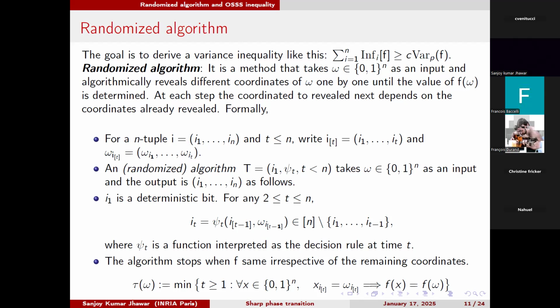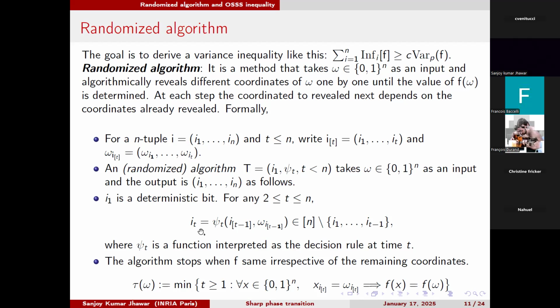So what you do is algorithmically explore the coordinates of omega before n, if n is the maximum number you can explore. Let's say at each step, the coordinate of omega you want to reveal depends on the coordinates you have already revealed.